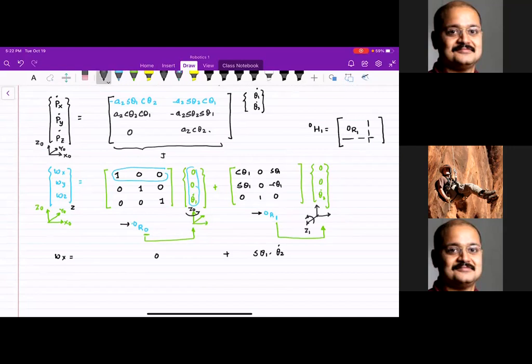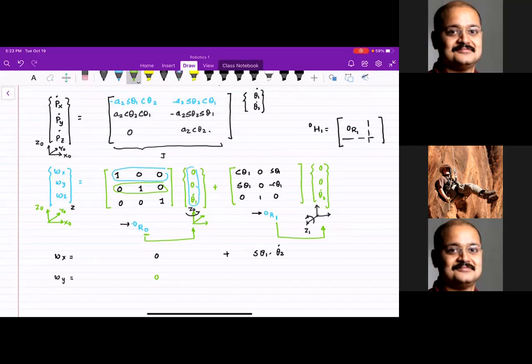If you have any questions, ask away. Okay. Omega y, same logic. Second row, first column. What happens here? 0 times 0, 1 times 0, 0 times theta 1 dot.